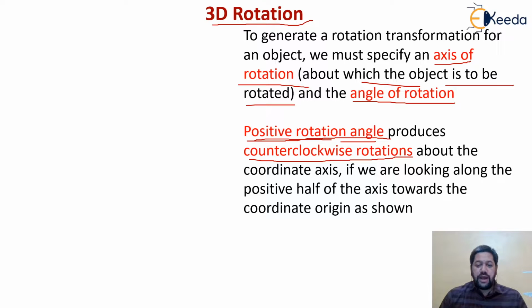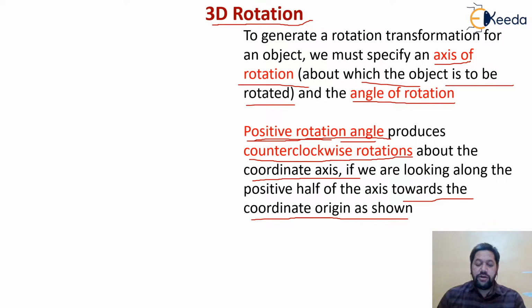So positive rotation angle indicates I want to rotate the object in a counterclockwise direction about the coordinate axis, whatever axis I have specified. Okay, if I'm looking along the positive half of the axis towards the coordinate origin, then it is going to specify the positive angle of rotation.